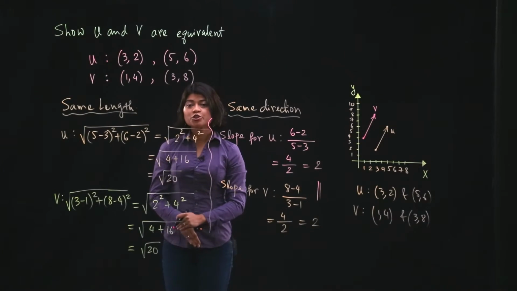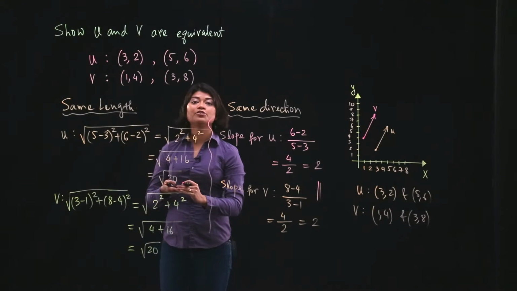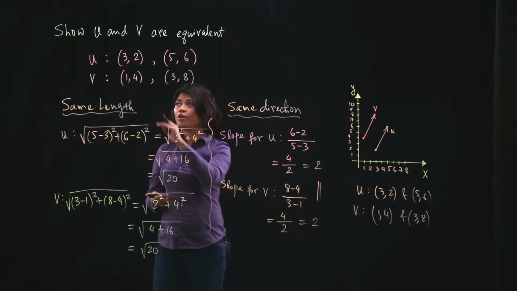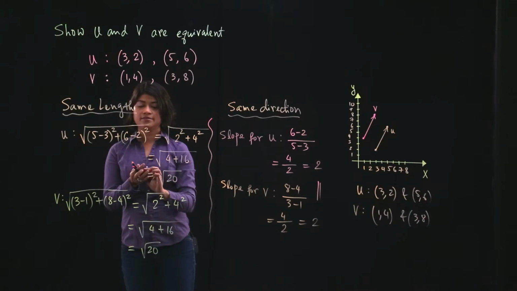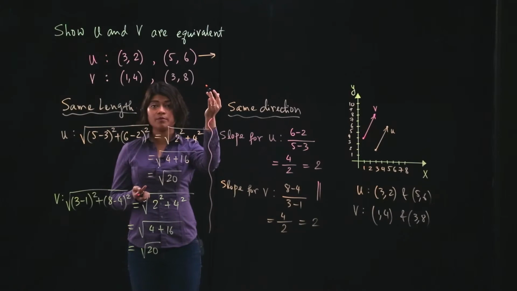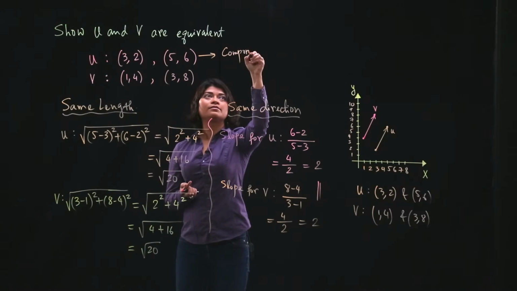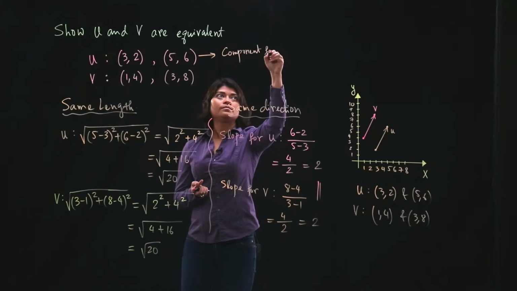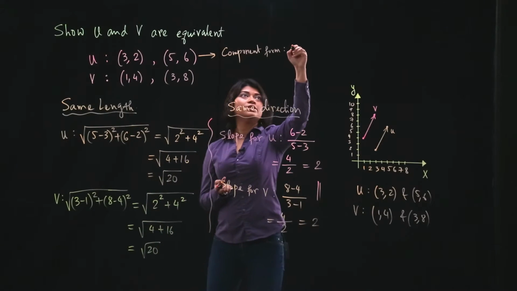Another way of showing that u and v are equivalent will be to figure out the component form of both u and v. So we can just look at u and write down the component form for u. So let's do that. So what is the component form for u?